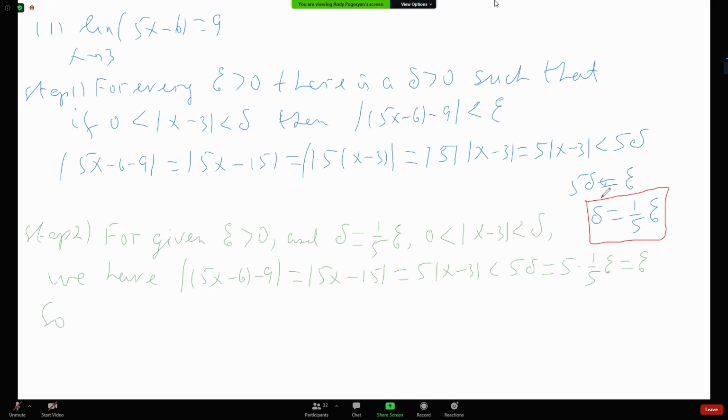So the absolute value of 5x minus 6 minus 9 is less than epsilon, which implies by the epsilon delta definition that the limit of 5x minus 6 as x approaches 3 equals 9.